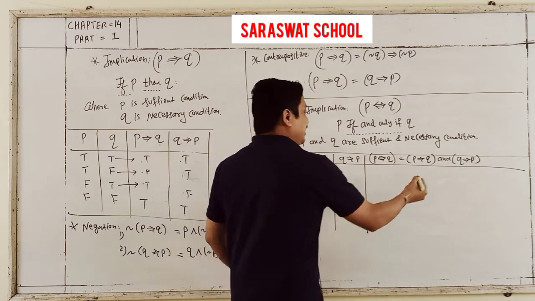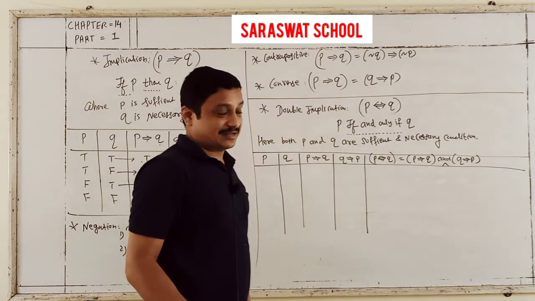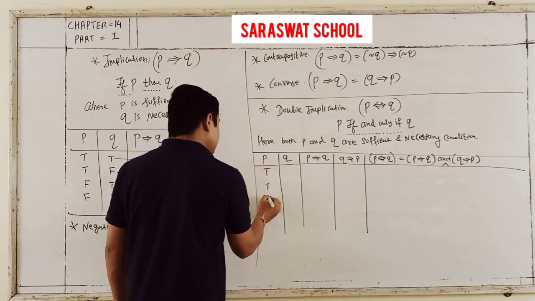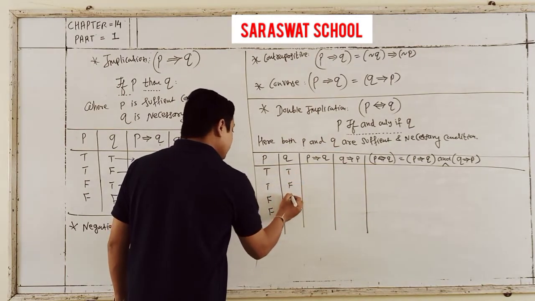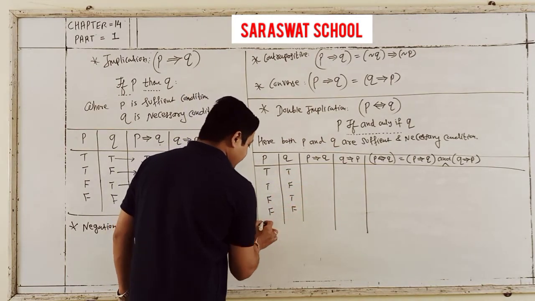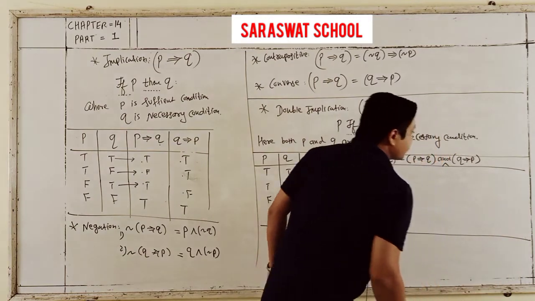This conjunction I already explained in the last part. So here are T, T, F, F, T, F, T, F, and here I can show the answer.